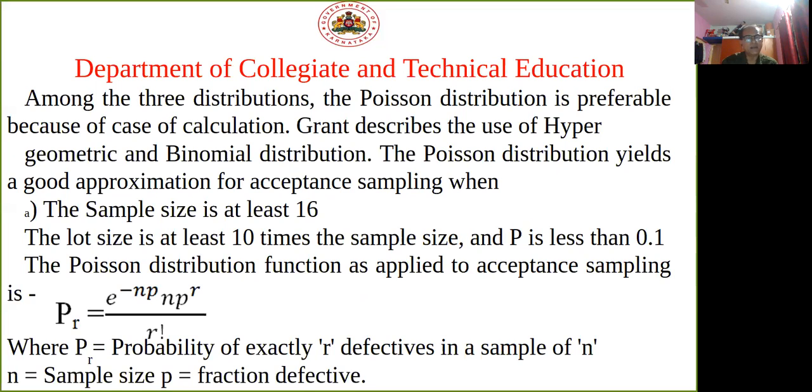So we can find the probability of acceptance Pr by the formula e to the power of minus np into np to the power of r divided by r factorial. With this formula we can determine, or draw, the OC curve.